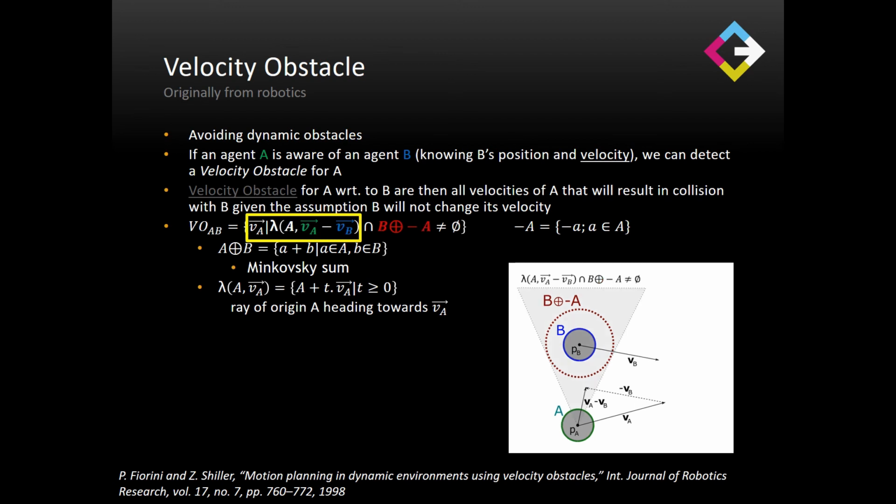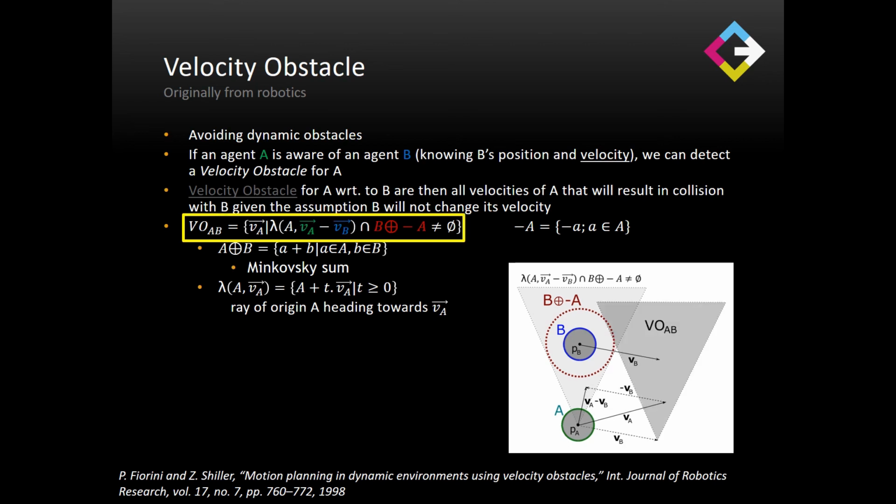Now we step back a bit and start considering all possible velocities A might have. So now VA is not the current velocity of A, but really any velocity. And we consider all rays with which we can be getting closer to or taking distance from B. And those rays that actually cross the dangerous boundary around B are forming the velocity obstacle.